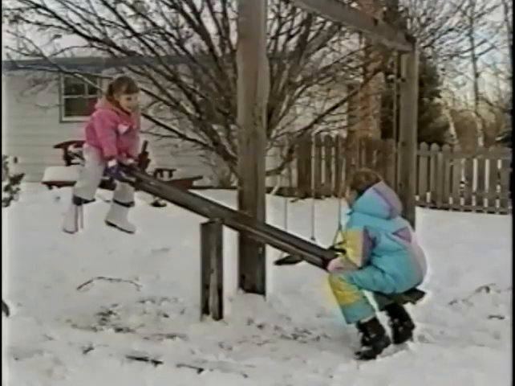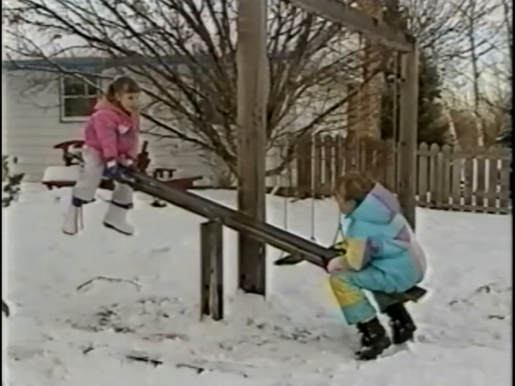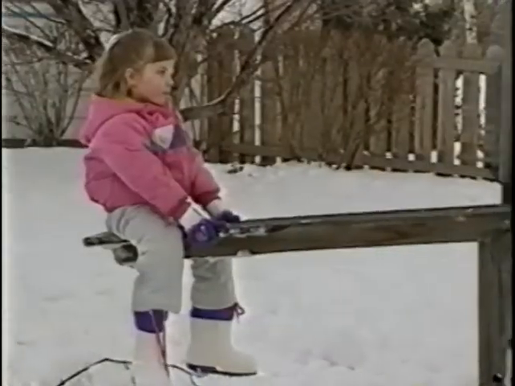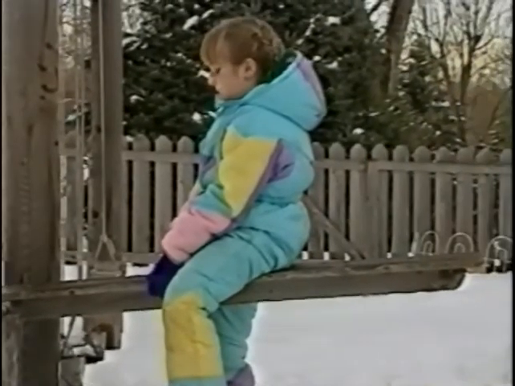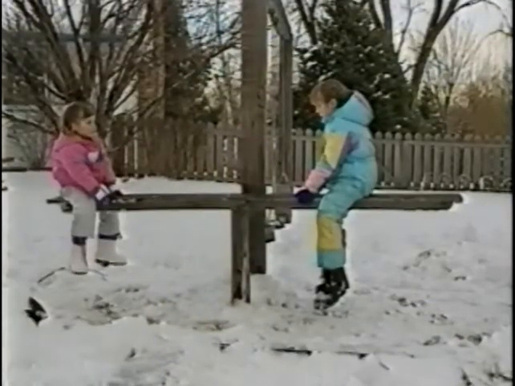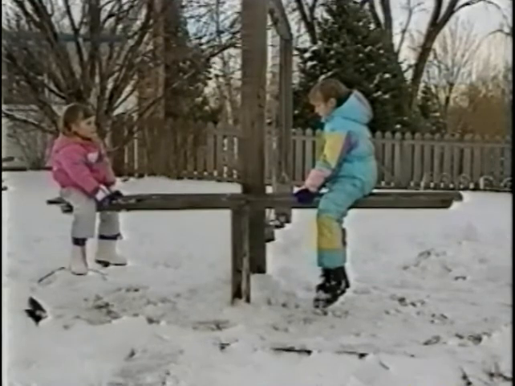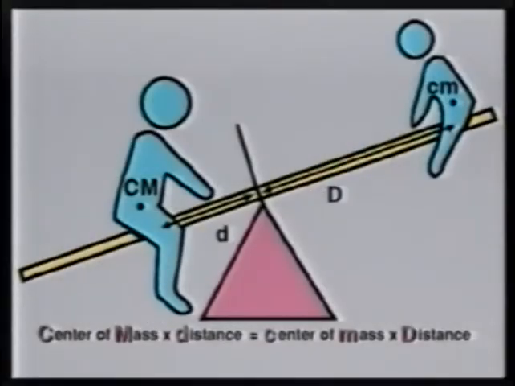The moment causes the rotation of the teeter-totter. The lighter child can balance a heavier child with no net moment or rotation produced if the lighter child sits further from the axis. The formula for this is Cm times d equals Cm times d.